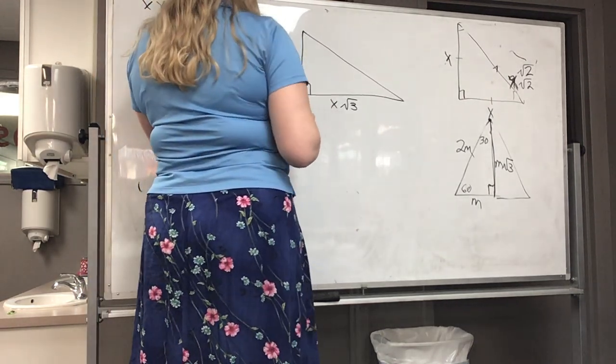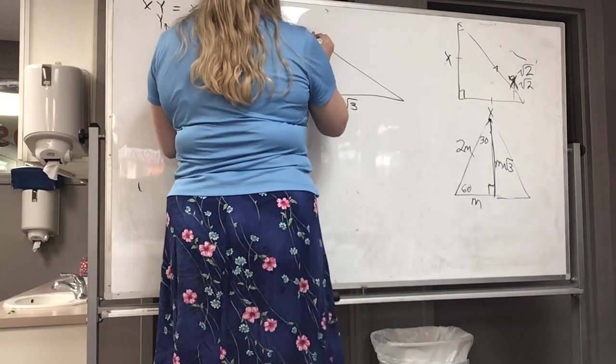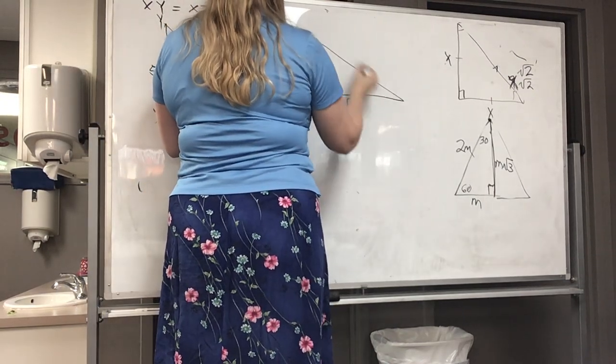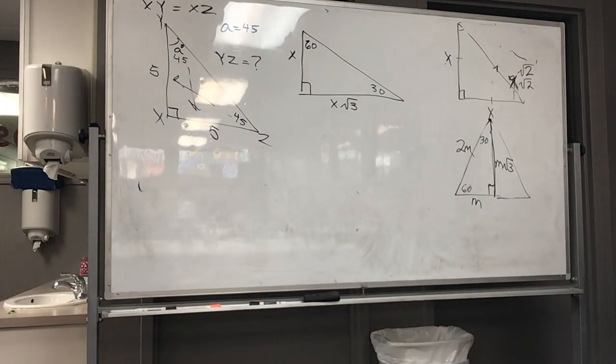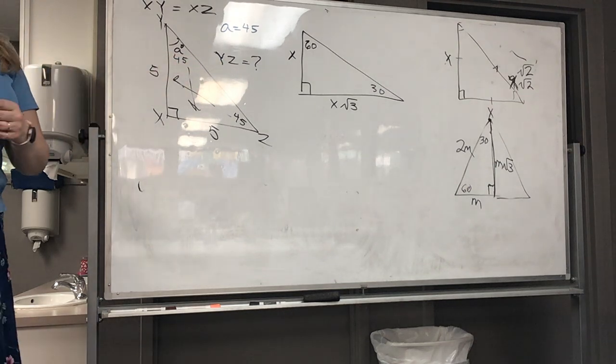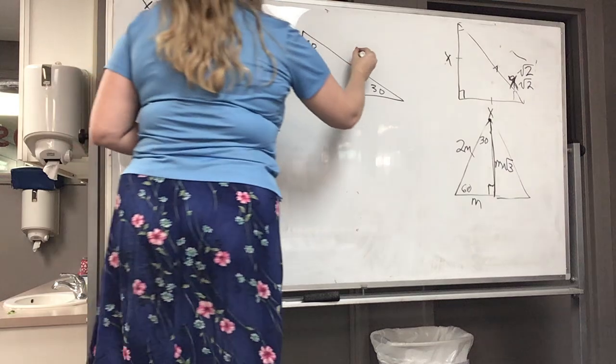And that this is 60, and 30. So, very simply, what is our hypotenuse going to be in terms of x? It's following the same pattern as the m down there. Yeah, 2x, that's it.